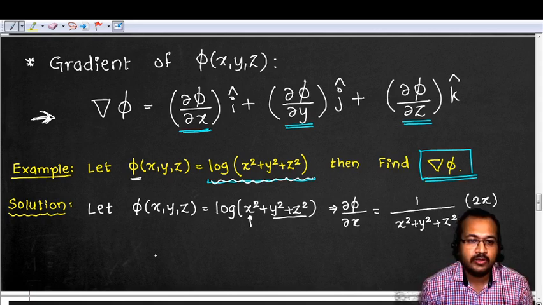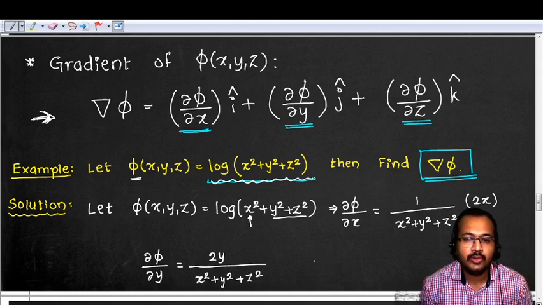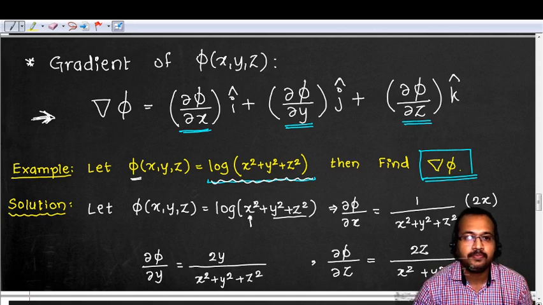Same is the case with the partial derivative of phi with respect to y, which is equal to 2 times y upon x square plus y square plus z square. Similarly, the partial derivative of phi with respect to z is equal to 2 times z upon x square plus y square plus z square.